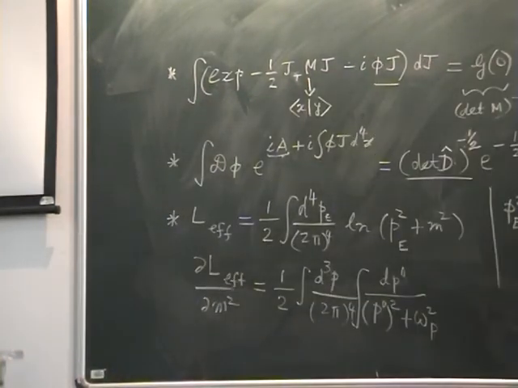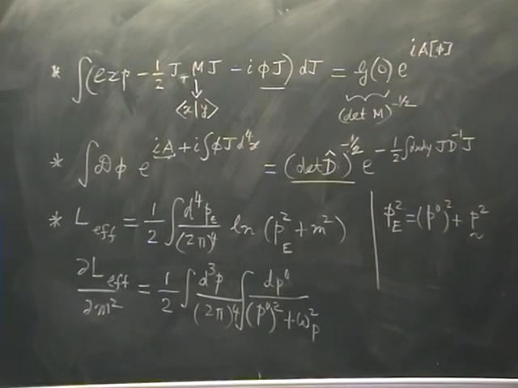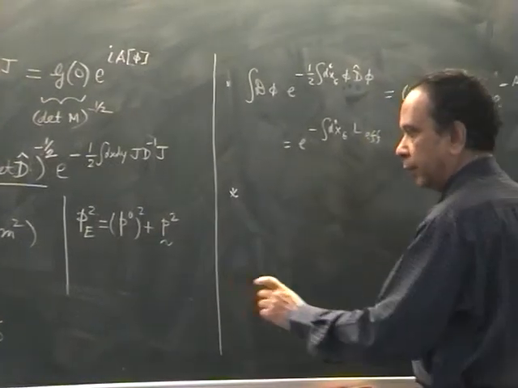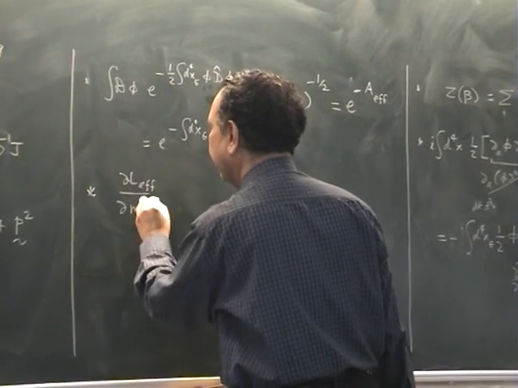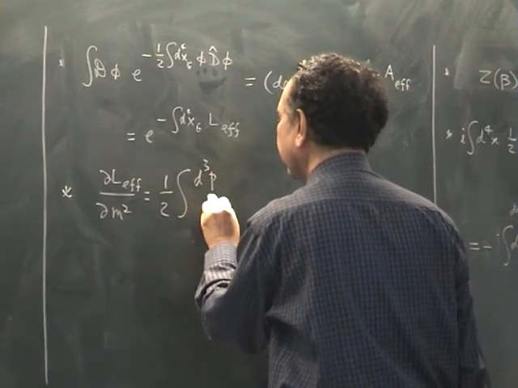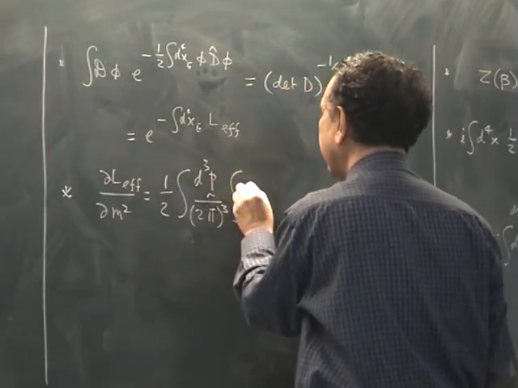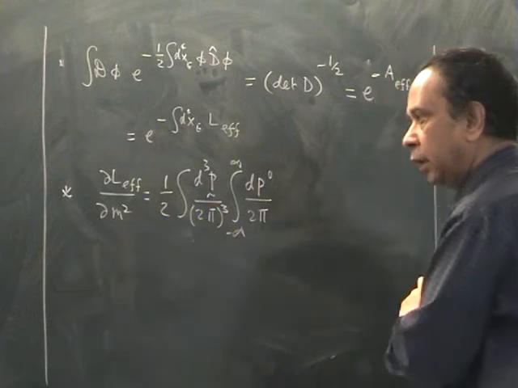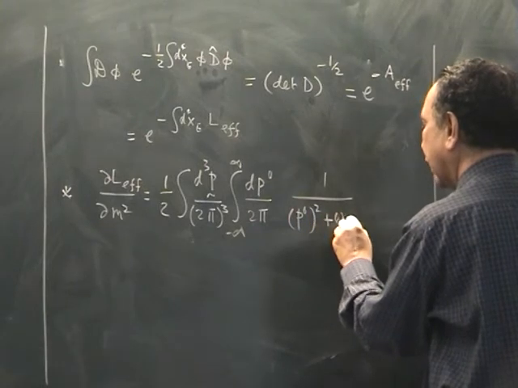So this will be equal to this integral, dL effective upon dm square, which is half integral d3p upon 2 pi the whole cube, and I will take 1 over 2 pi into this dp naught over 2 pi from minus infinity to plus infinity of 1 upon p naught square plus omega p square.